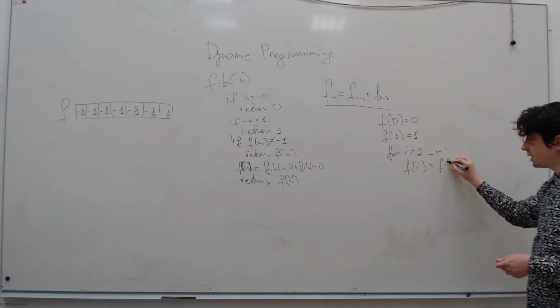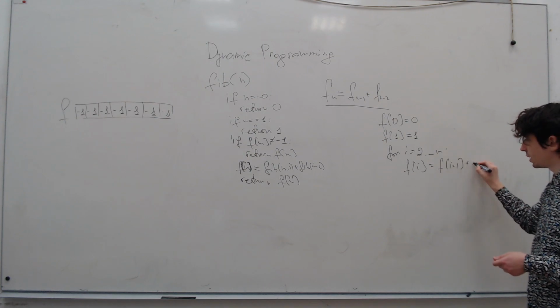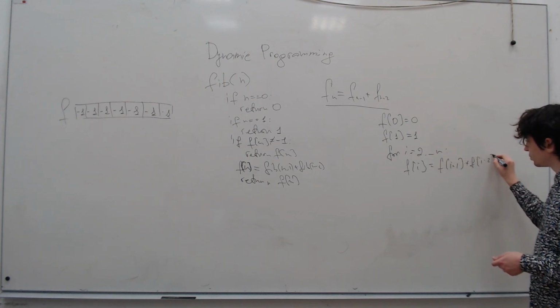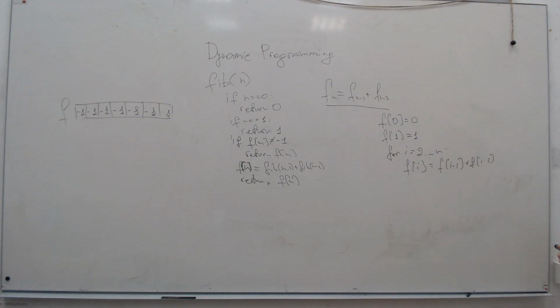Then f of i is simply f of i minus 1 plus f of i minus 2. So nothing hard is here. This thing is named dynamic programming. I don't know why it is called that. I would like to name it state programming, but it is as it is.